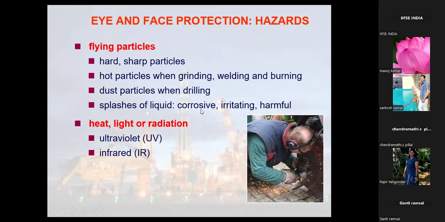This can be corrosive, harmful, or irritating. Other hazards for eye and face protection can be infrared and UV rays. These can be generated from hot works such as welding.